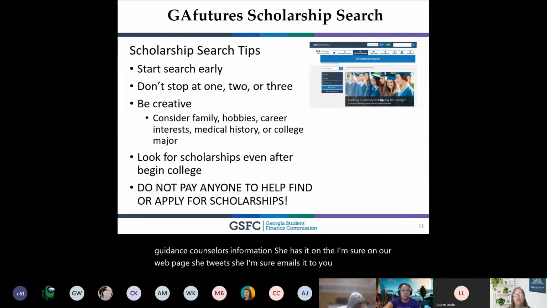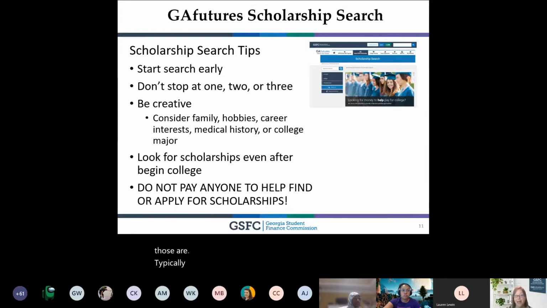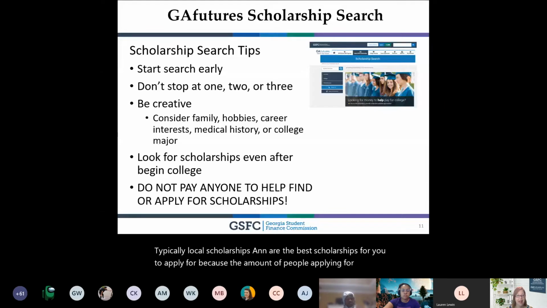Those are typically local scholarships and are the best scholarships to apply for because the number of people applying for them is a lot less than the national ones. So really look to those. Also, look to other high schools around your area, even private high schools. Look at their guidance counselors' web pages to see what information they have there as well.